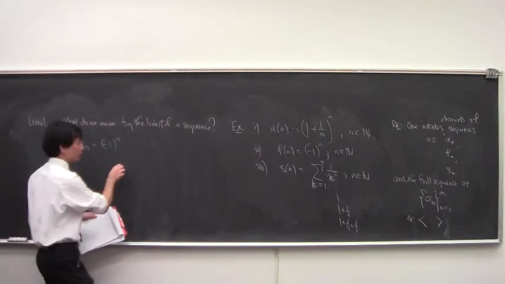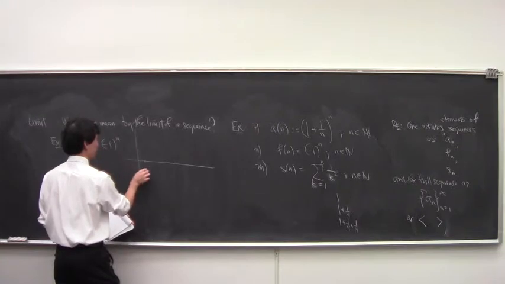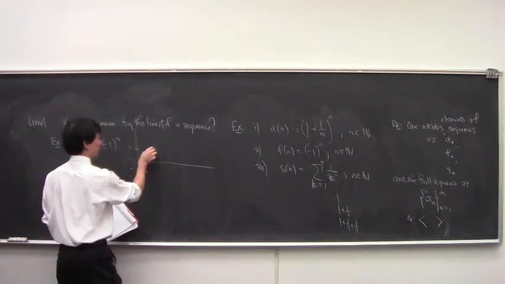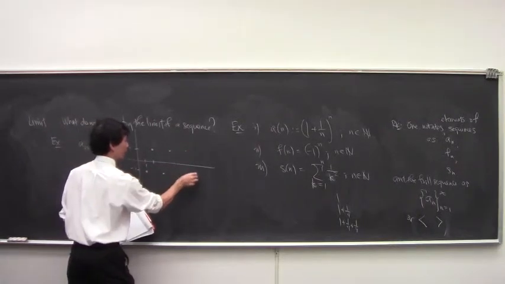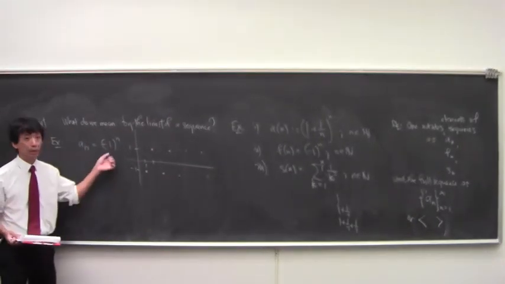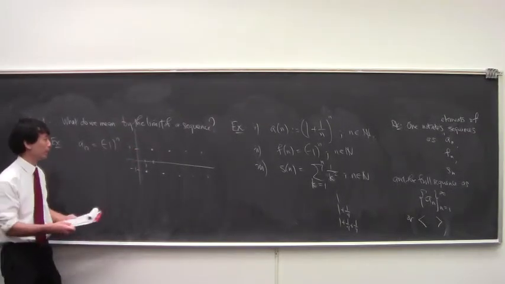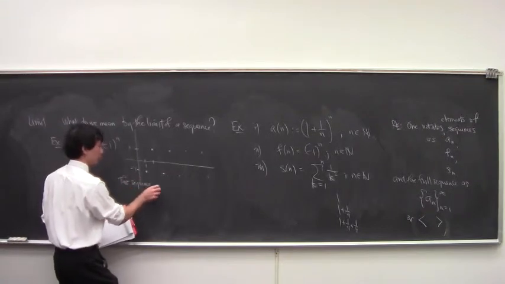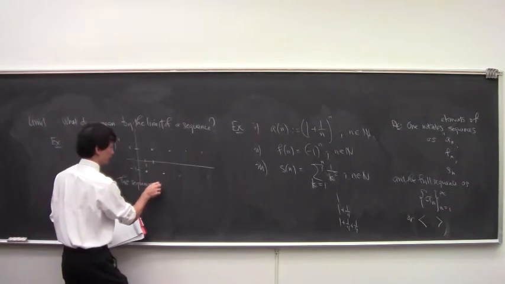So the picture is, at time 1, you are at -1. At time 2, you're at 1. At time 3, you're at -1. At time 4, you're at 1. You're flipping back and forth like this. We don't consider this to be a limit. We say the sequence doesn't have a limit.